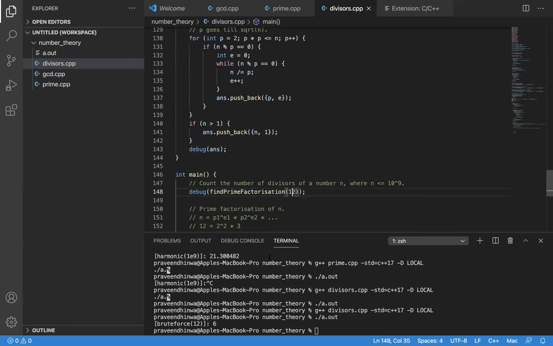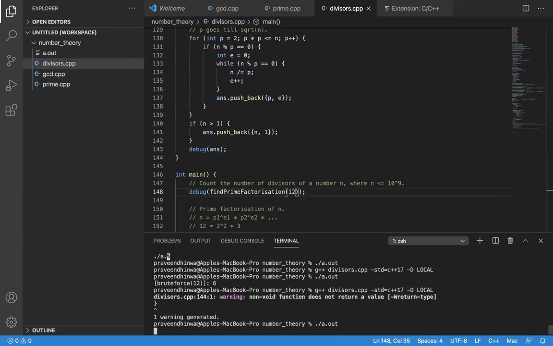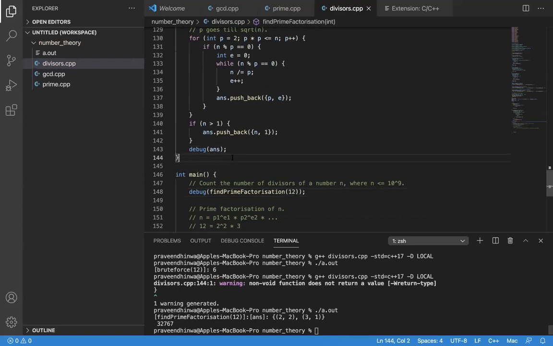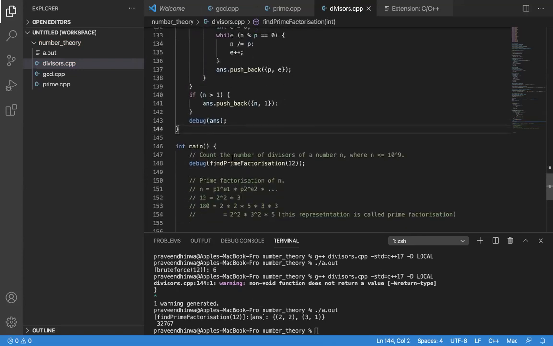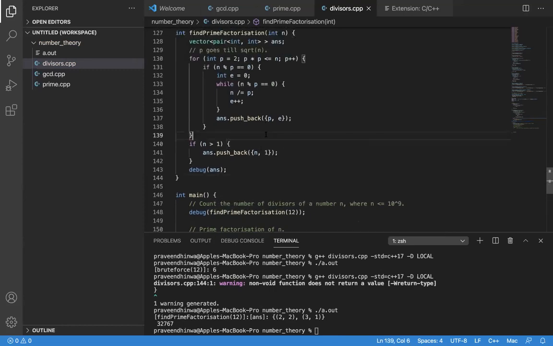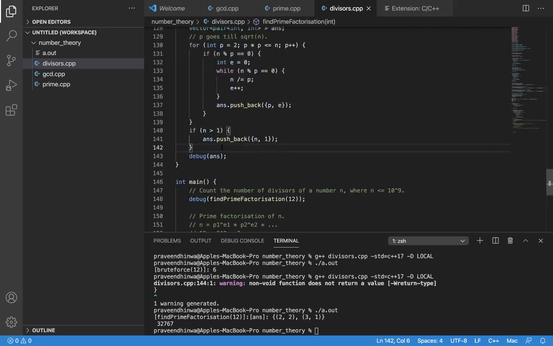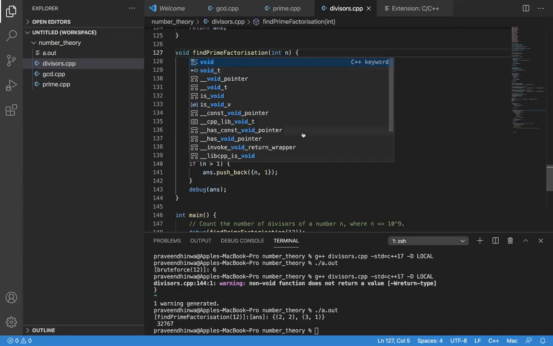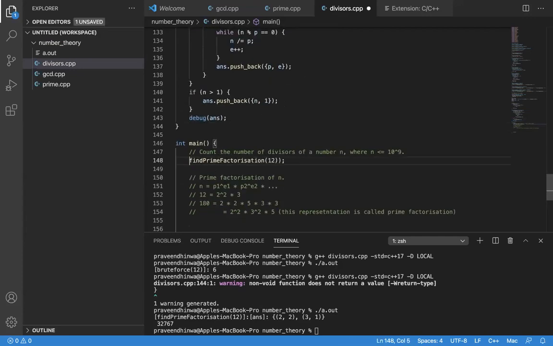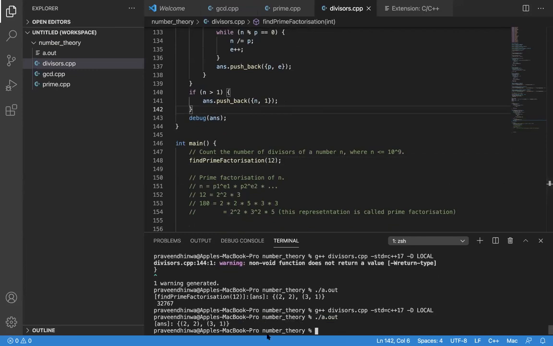Find the prime factorization of 12. So let's see. Okay, so the prime number 2's power is 2 and 3's power is 1.